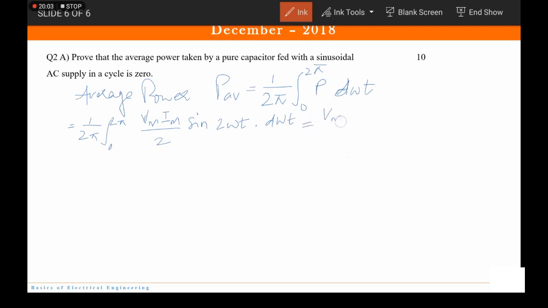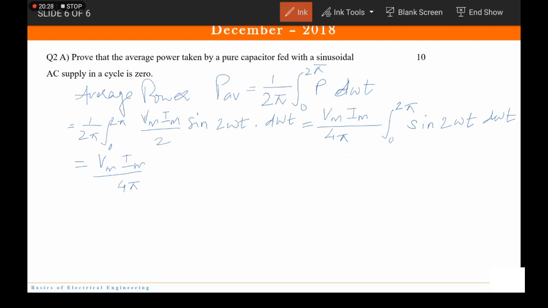Yes. So again we will be taking Vm Im by 2 outside the bracket, because these are constants. It becomes Vm Im upon 4 pi integration 0 to 2 pi sine twice omega t d omega t. Now what is the integration of sine theta?